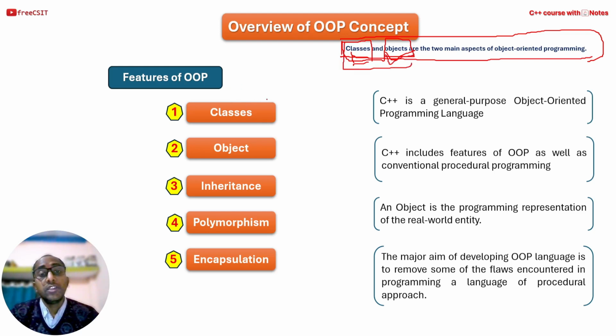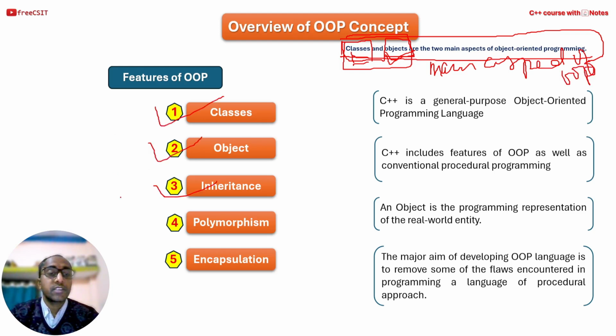These are the main aspects of the OOP concept. So these are the features: classes, objects, inheritance, polymorphism, encapsulations.